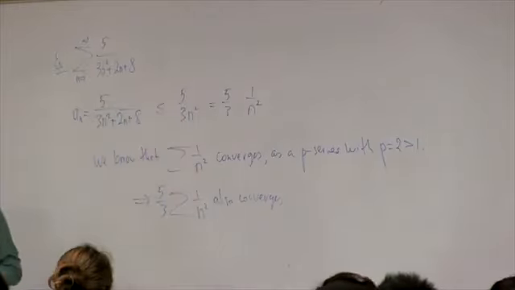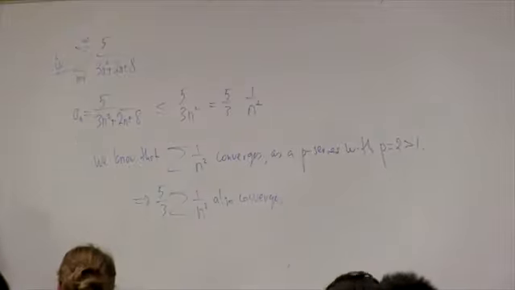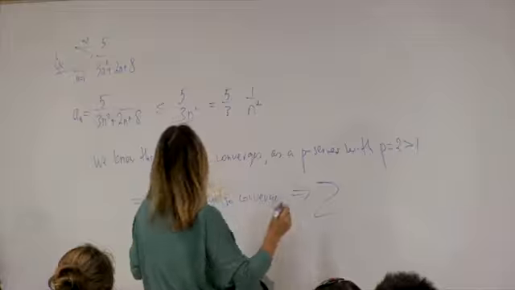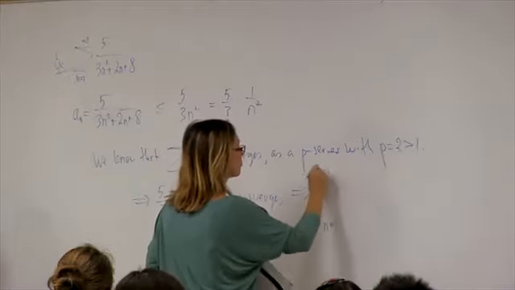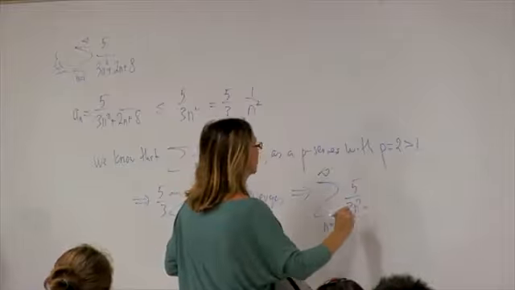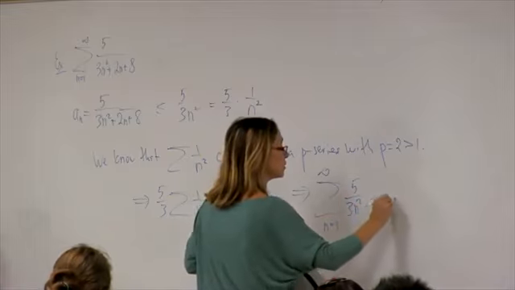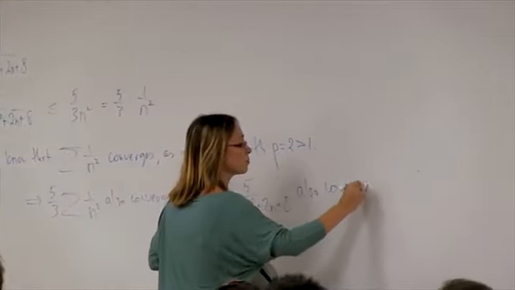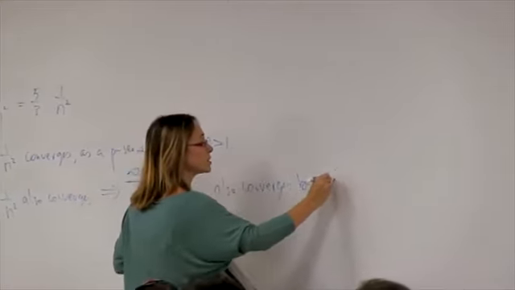It's just a number times the convergent series. Okay. Therefore, our series, the unknown one, 5 over 3n squared plus 2n plus 8, also converges by comparison test.